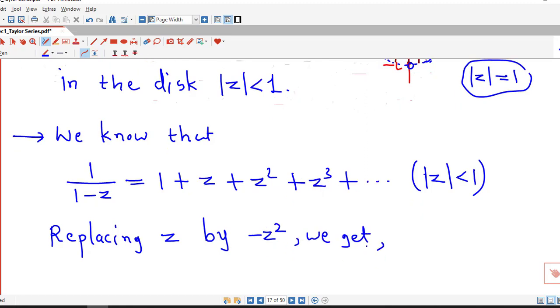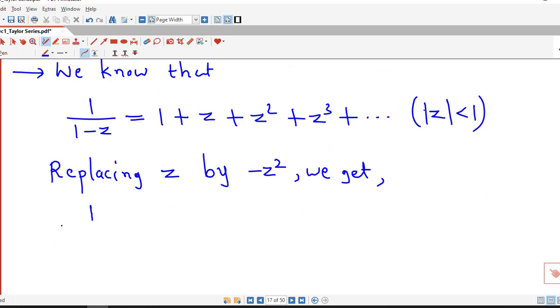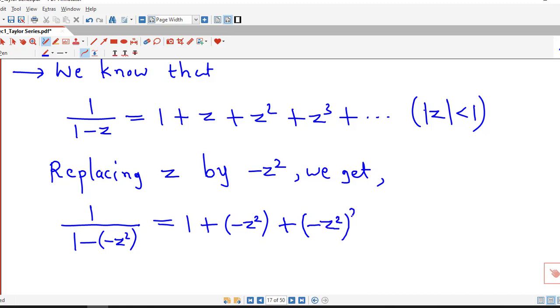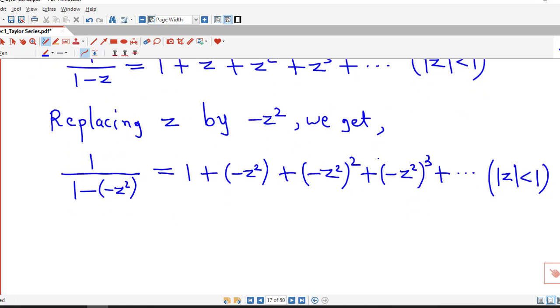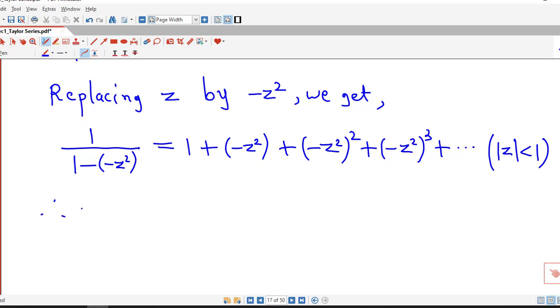So replacing z by minus z square, we write one more step, 1 plus minus z square plus minus z square whole square plus minus z square whole cube and so on. And as we discussed, this is also valid in the open disk mod z less than 1. So this we can rewrite as 1 over 1 plus z square.